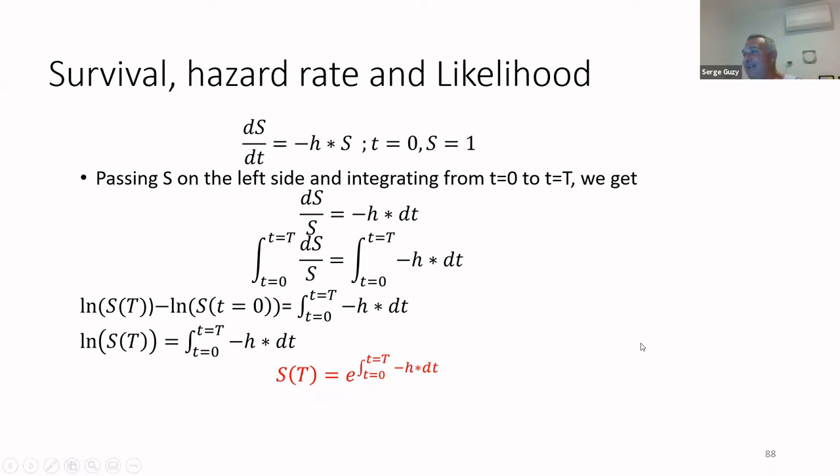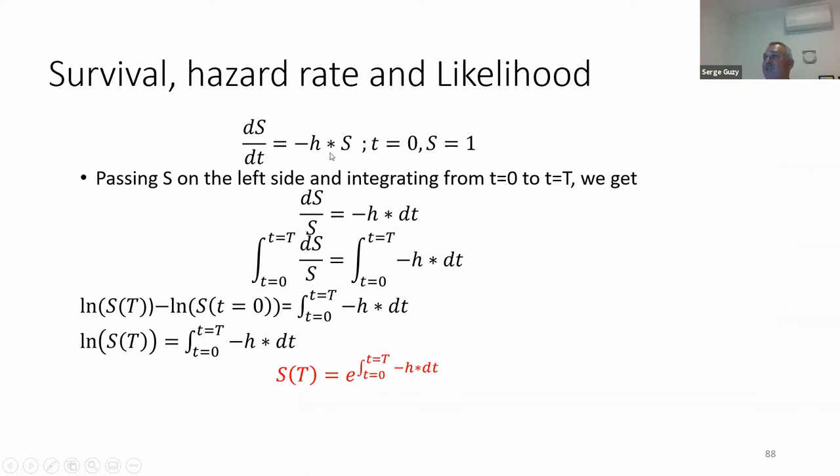It appears that you start with the probability not to get an event equal to 1, and then basically we assume that you have an exponential decrease for the survival distribution, where the exponent component is h, which is the hazard rate. In other words, the rate at which the probability not to get an event decreases is equal to minus h multiplied by s.